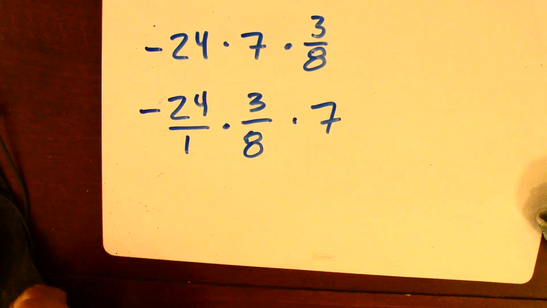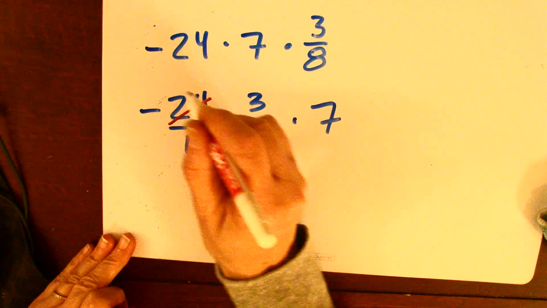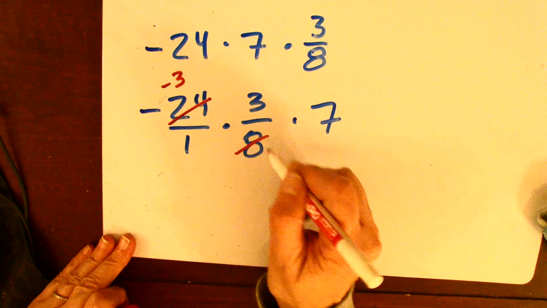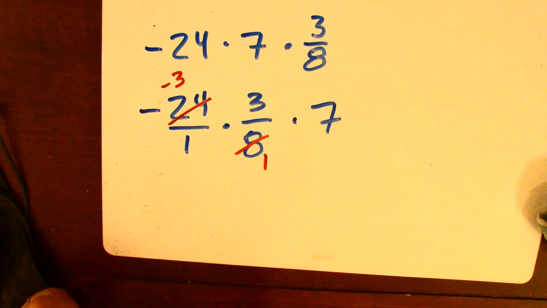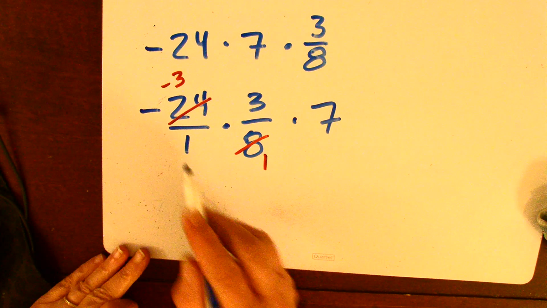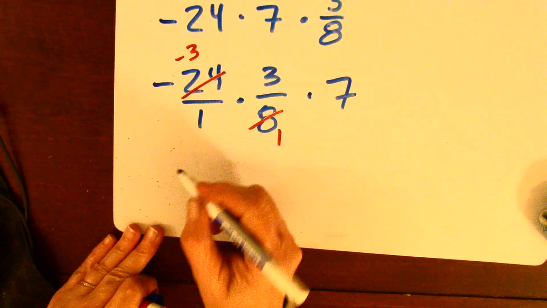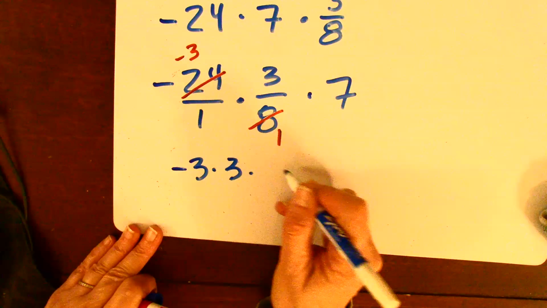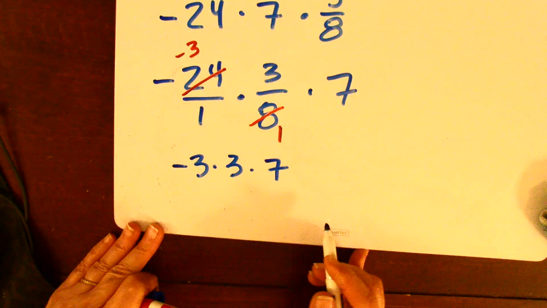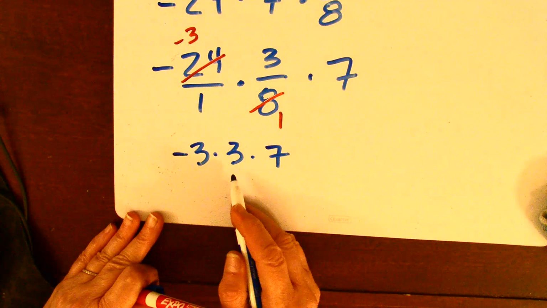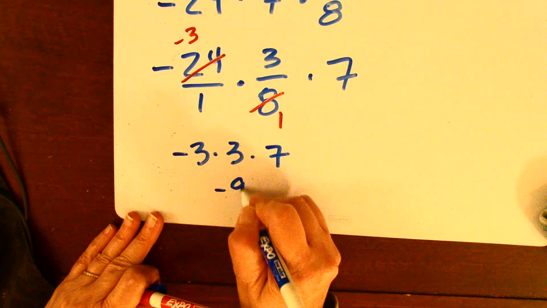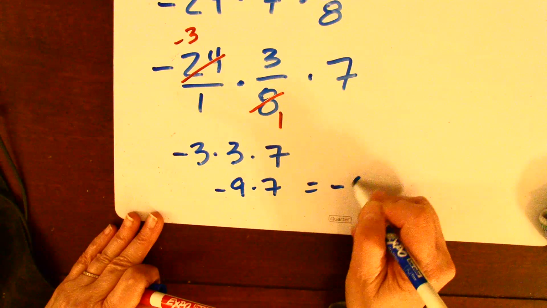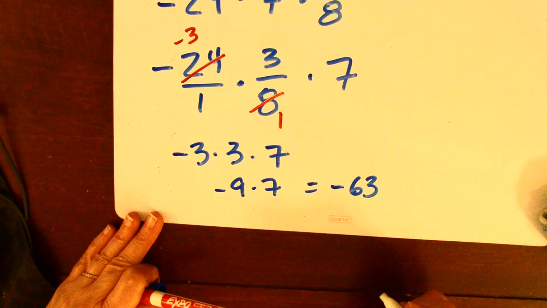I can reduce here. 8 goes into 24 3 times, so that's a negative 3. That's a 1. I'm now left with negative 3. So if I rewrite this, I've got negative 3 times 3 times 7. Negative 3 times 3 is negative 9 times 7, which is going to give me a negative 63.